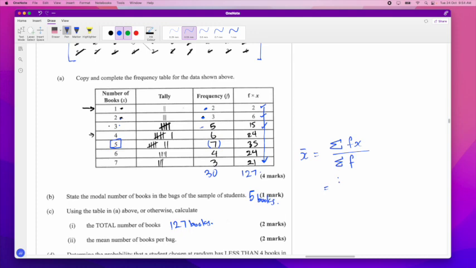So that is simply 127 divided by 30. 127 divided by 30 gives us about 4.2 books, if we keep it to 1 decimal place. So the mean or average number of books is around 4.2 books.